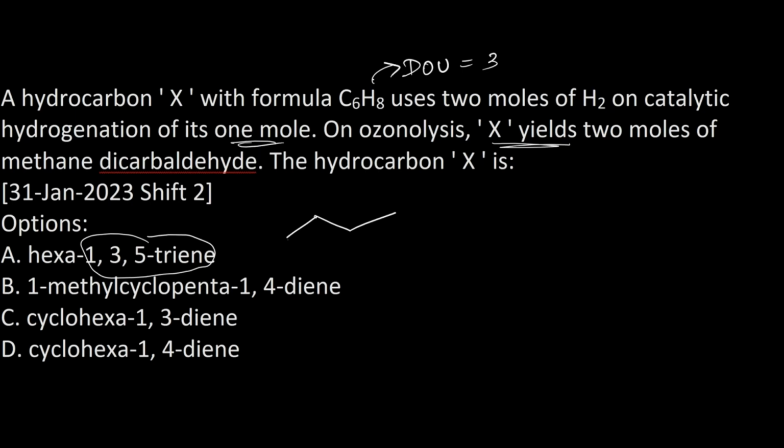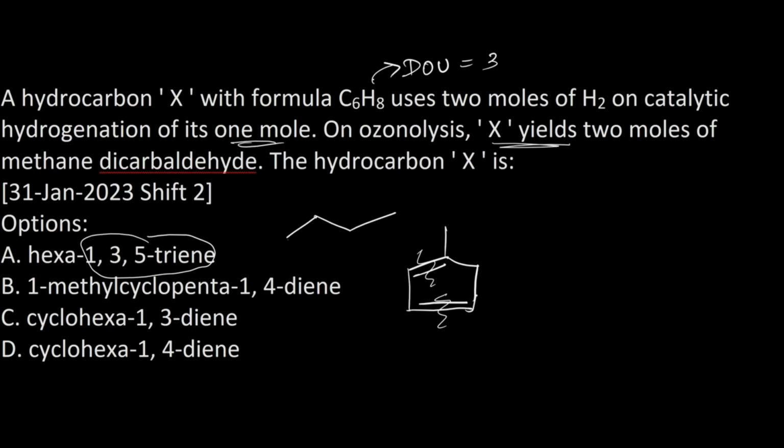Let's check option B, 1-methyl cyclopenta 1,4 diene. In that case, if I'm breaking the double bond, it will not give the same molecule twice. There should be a symmetry so that it can give the same molecule.